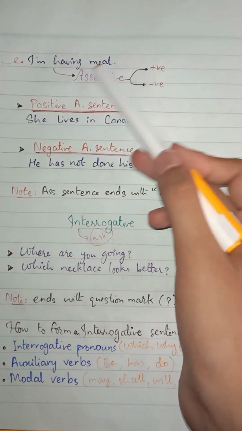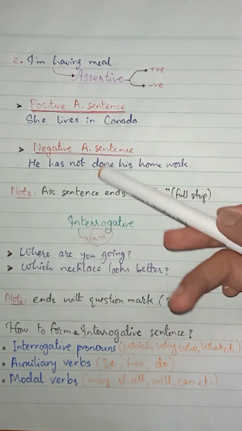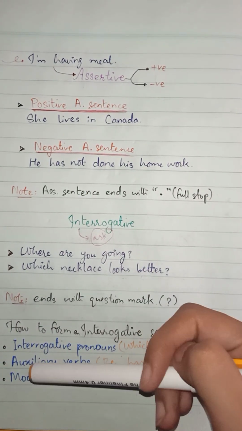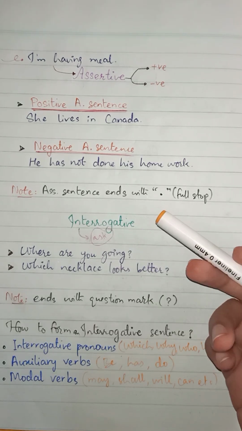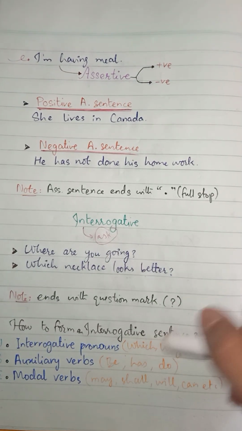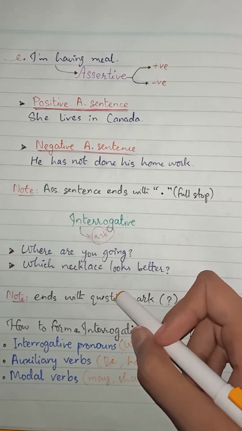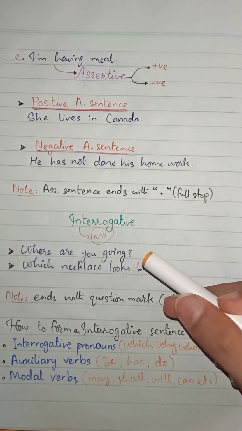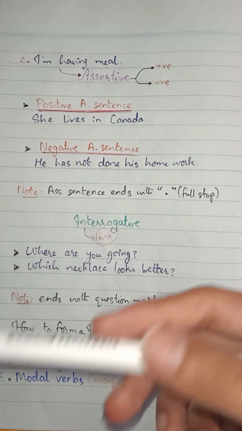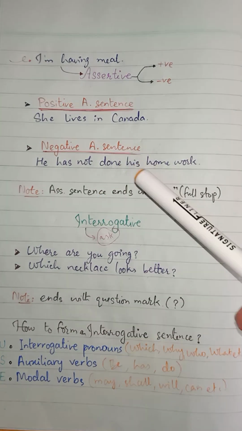For example, there is the assertive sentence, which has two types, positive assertive sentence and negative assertive sentence. Interrogative sentences can be made in three ways, and you have to make sentences in all three ways. You have the interrogative pronouns, auxiliary verbs, and modal verbs, and positive and negative assertive sentences, and whatever else I teach ahead. You have to make sentences of each type, at least 2 sentences, and write them down in the comment section, right?